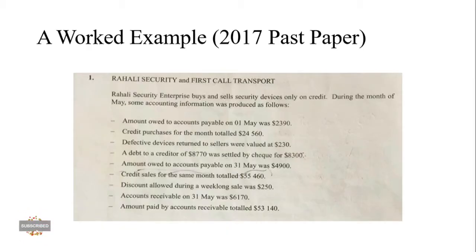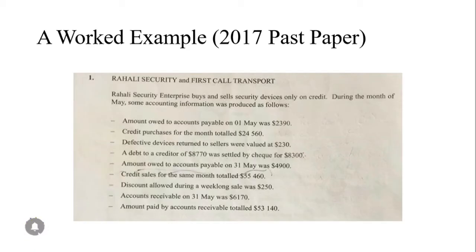It's talking about Kaale Security and First Call Transport. It says that Kaale Security Enterprise buys and sells security devices only on credit. During the month of May, some accounting information was produced as follows. Then they give us a list of transactions, and these transactions are what we are going to be using to make up the various control accounts.